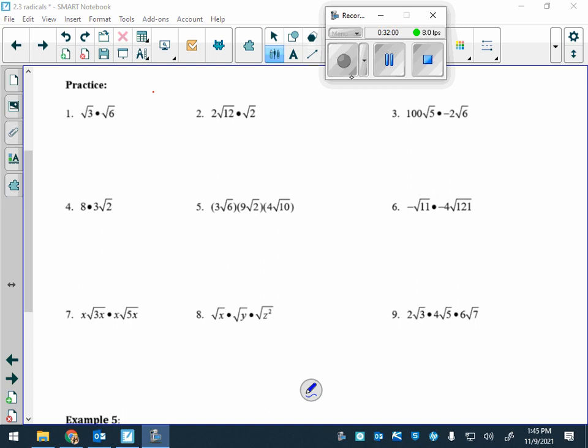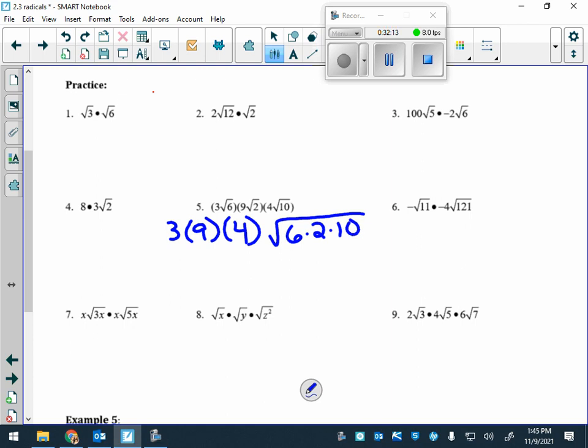All right. Number 5, you could multiply 3, 9, and 4. Then you have 6 times 2 times 10 underneath one radical. So what do we get when we multiply 3 times 9 times 4? Addison? 108. Okay, we have 108.